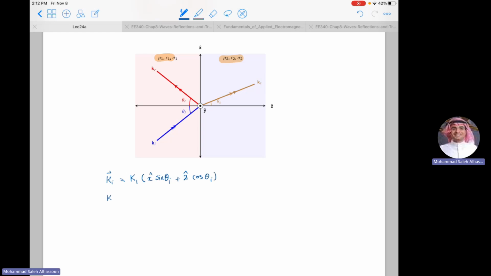The reflected wave vector is similar, also in medium 1, but with a slight difference in the direction of wave propagation along the z-axis. It's going to propagate towards the negative z direction.